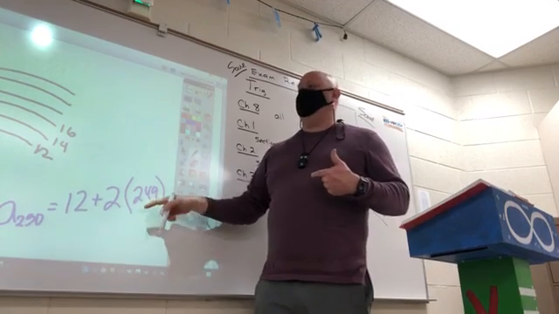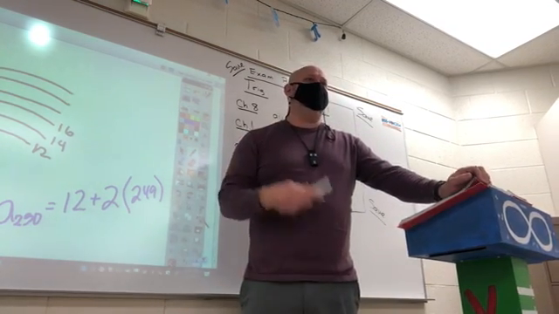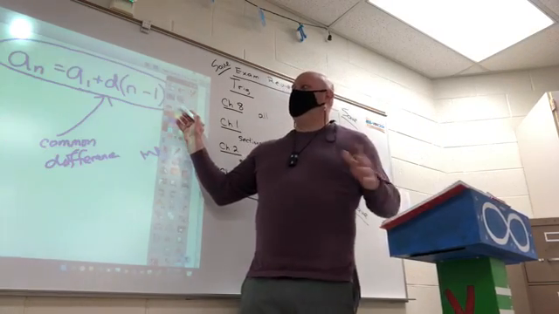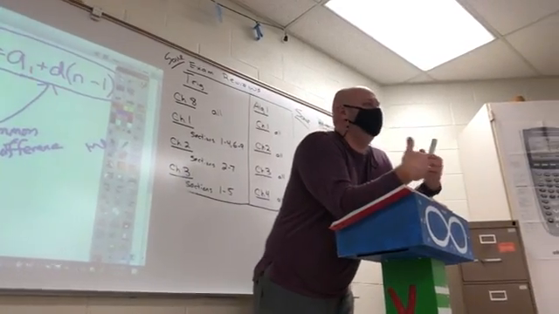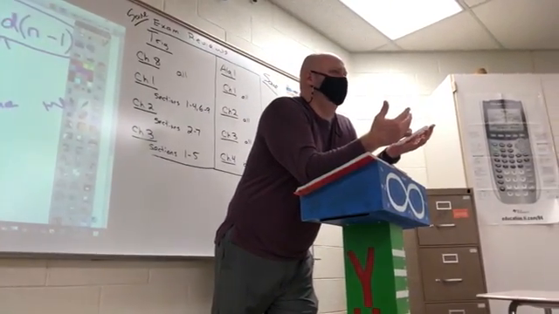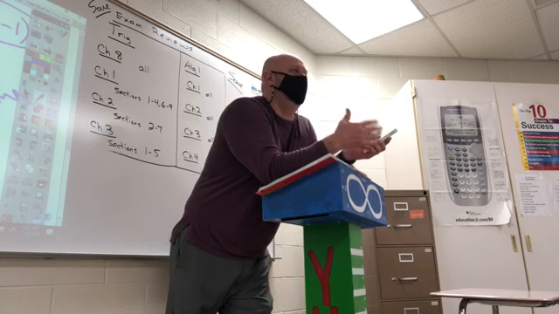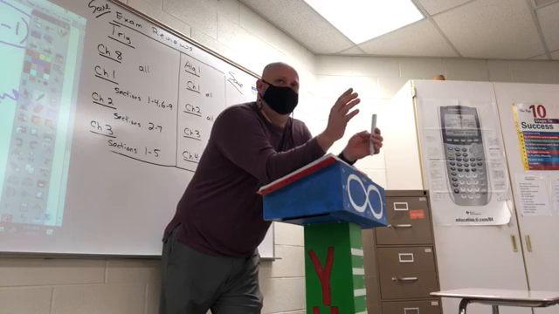Now all of a sudden that becomes, I don't want to do that. We're listing them all out. It's going to take forever. Is there a faster way? The formula is really useful, especially if you have to find a bigger term, right? A term down the road quite a bit. Is this stuff pretty easy?